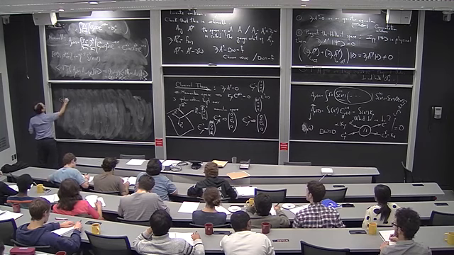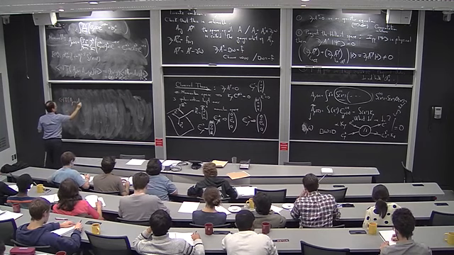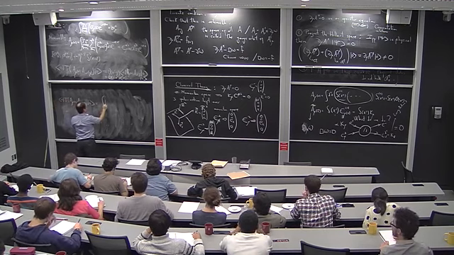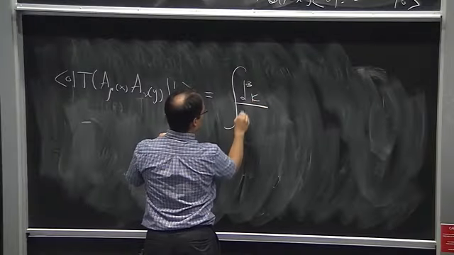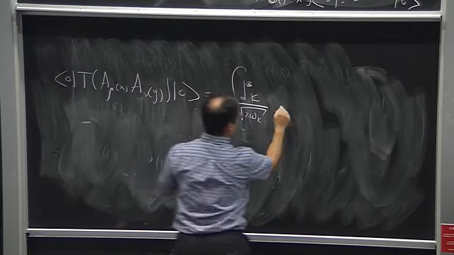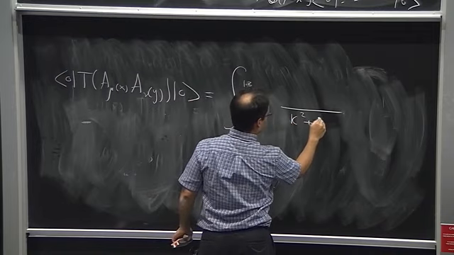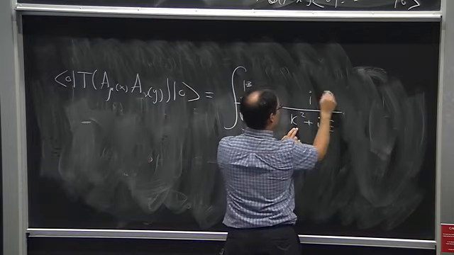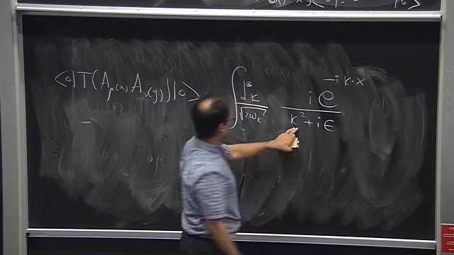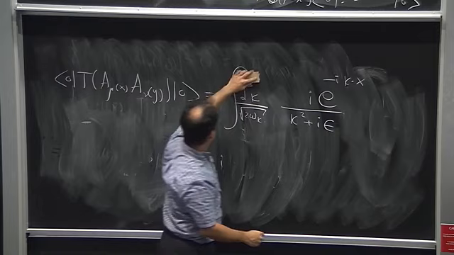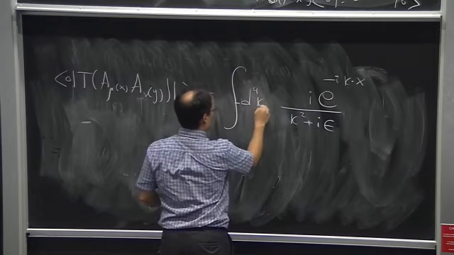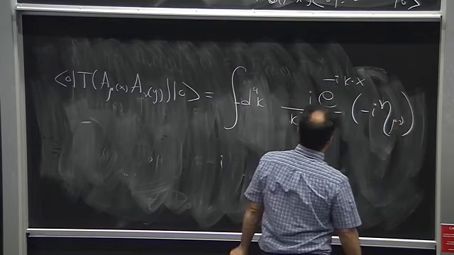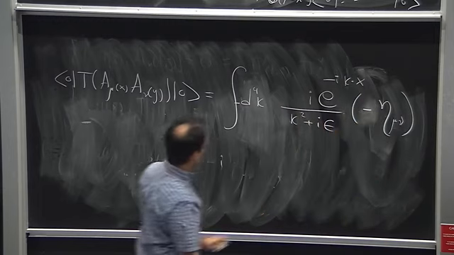So our Feynman propagator for the theory has no other choice but to be a copy of the propagator for the scalar field, d4k, times, no minus i, it's just minus this.